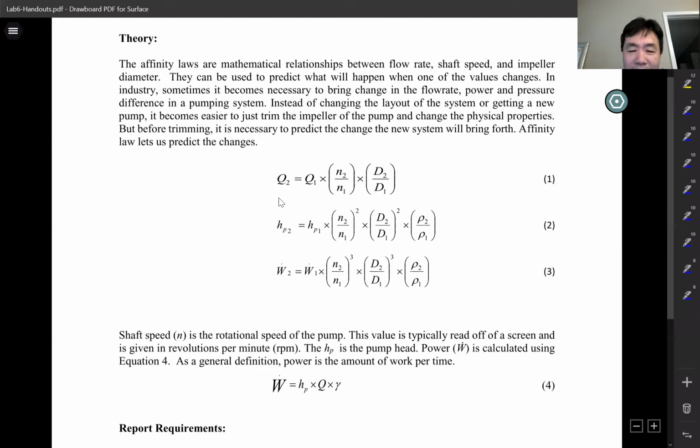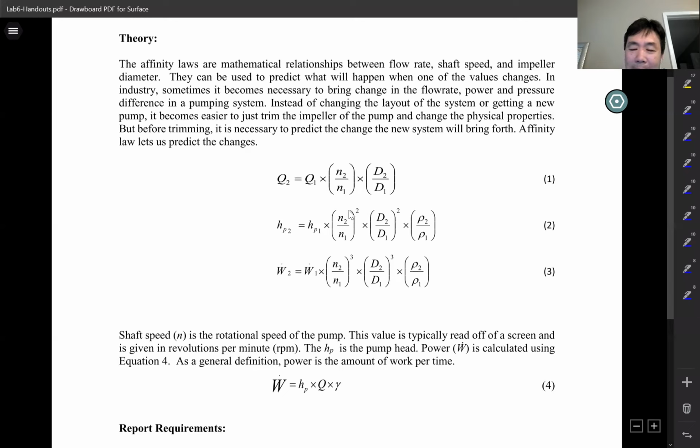For the pump head, HP2 over HP1 equals the RPM ratio squared, times the diameter ratio squared, times the density ratio. When we trim the impeller, D2 over D1 has a value that is not 1.